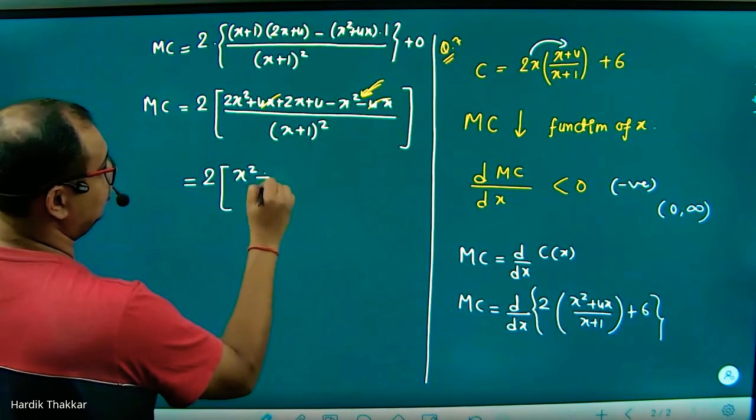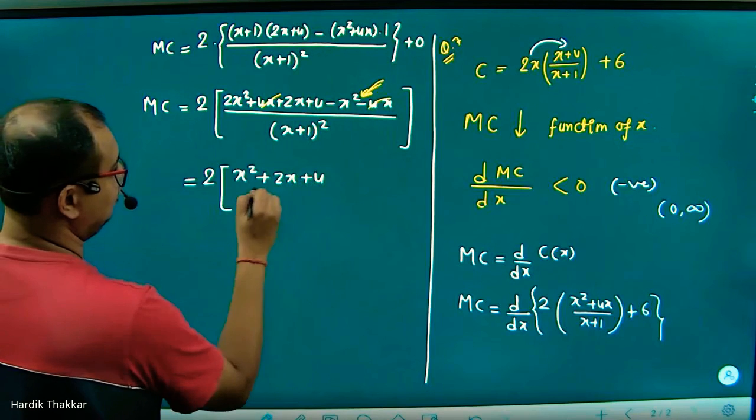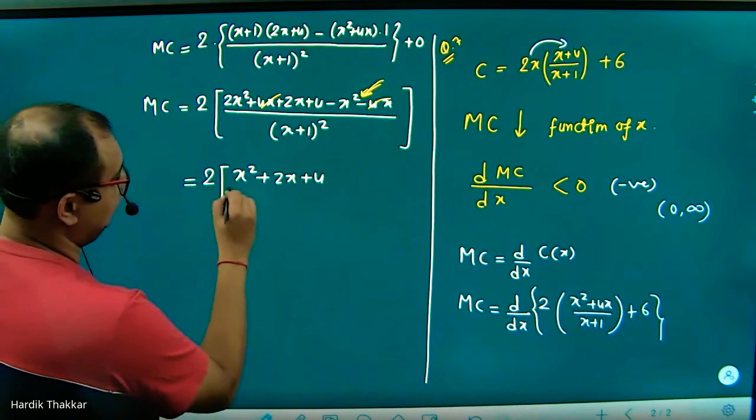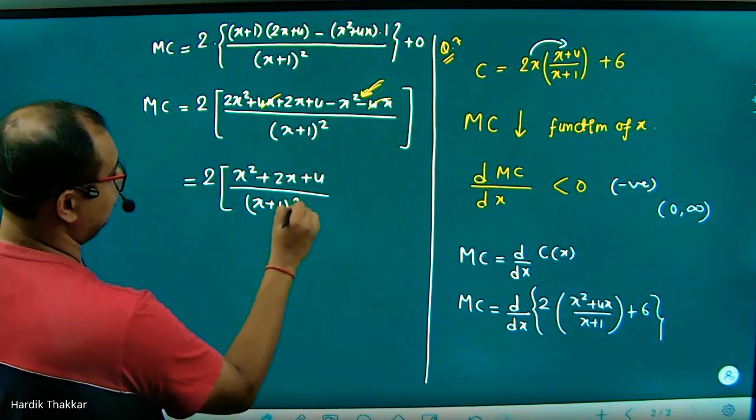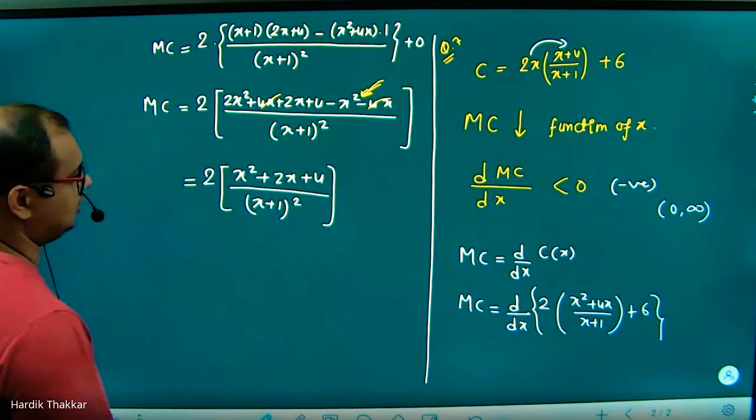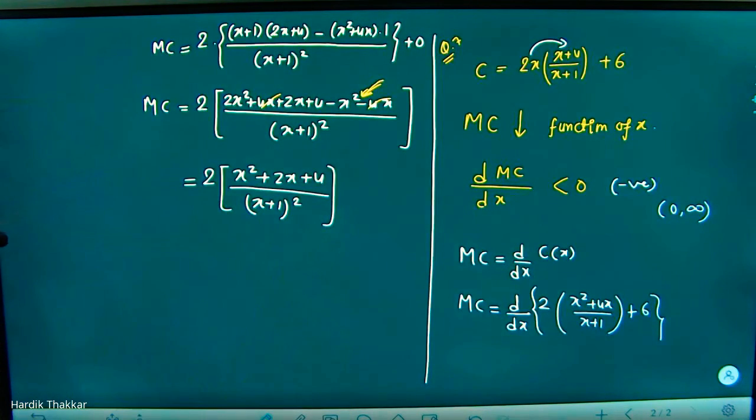You will get 2x plus 4 plus 4, divided by x plus 1 whole square. So that's it. Further, can we factorize the numerator or not? No, factorization is not possible and not required. So this is what MC is.